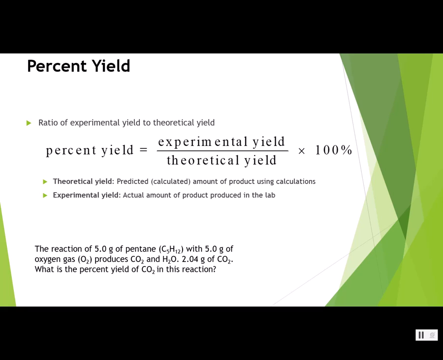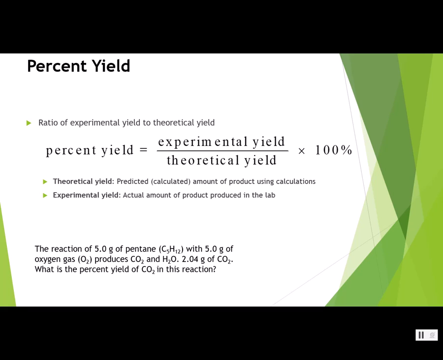All the reagents worked the way they're supposed to, temperature and humidity were fine, everything worked perfectly in the lab. That's the maximum amount of product that you could produce. That is the theoretical or calculated yield. The ratio of the experimental and theoretical yield multiplied by 100 gives you the percent yield.